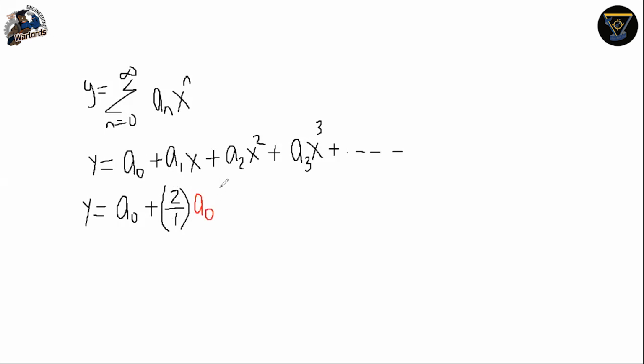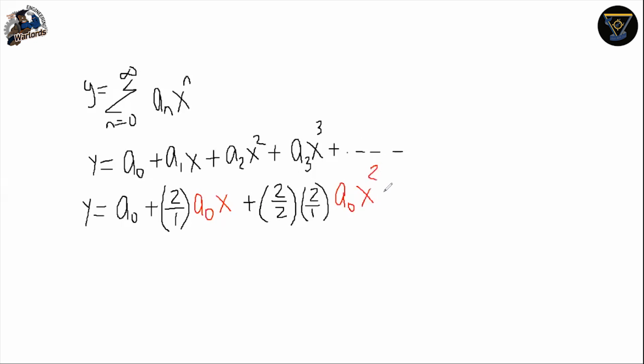Then we have the x. Then we have plus a2, which was what? 2 over 2 times 2 over 1 a naught. And then we have x squared.